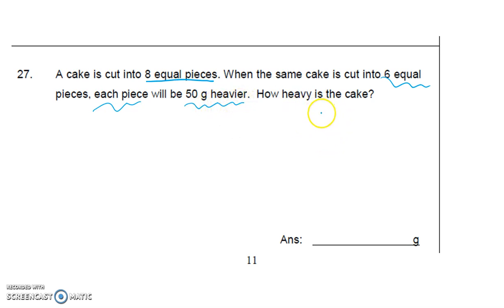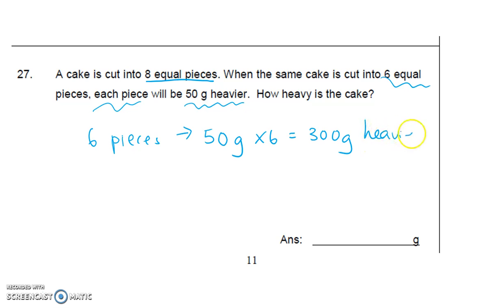So how heavy is the cake? So if it's 6 pieces, each piece will be 50 grams heavier. That means the entire cake would be 50 times 6, 300 grams heavier, if there are only 6 equal parts.